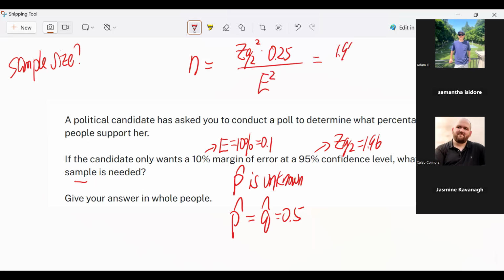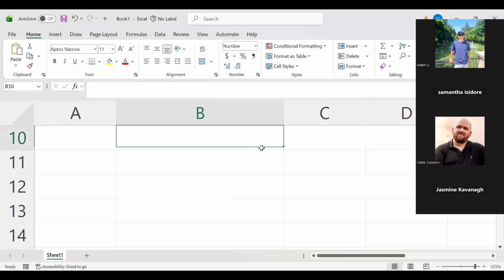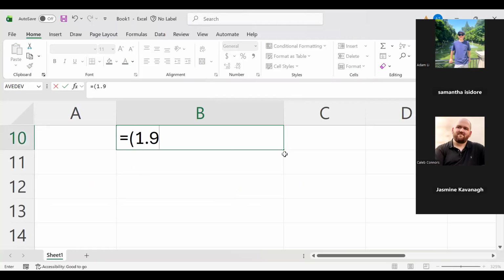It's 1.96 squared times 0.25 over 0.1 squared. And we put it into the Excel.